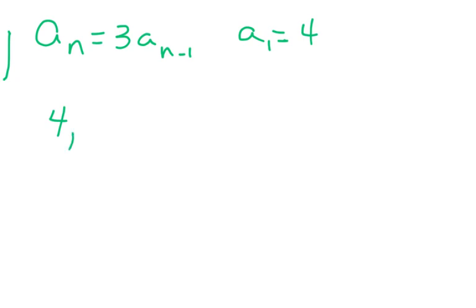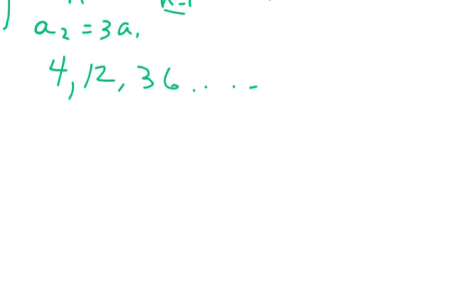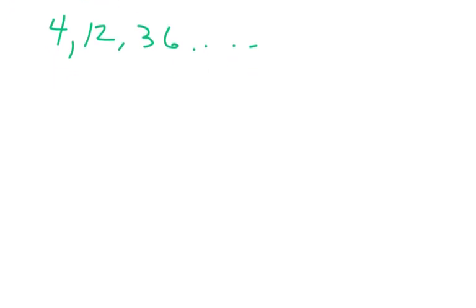To get a2, according to this rule, it is equal to 3 times a2 minus 1, so that's a1. a1 is 4, so it makes 12, and it can keep on with the pattern. Recursive rules are nice, especially when you can't have an explicit rule, or if you were trying to blend two different ones together, such as an amortization chart.